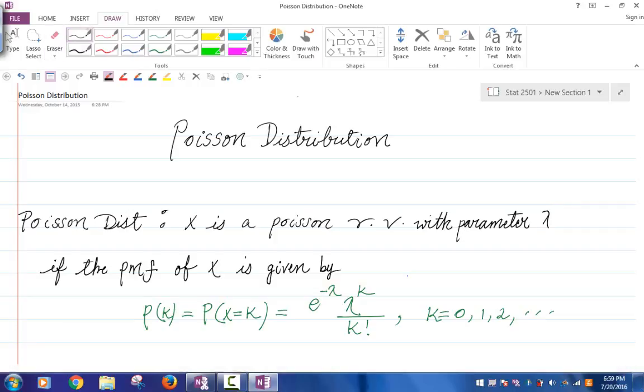Okay, so let me try to give you some examples where Poisson distribution can be used. In situations where we look at occurrences of rare events, we can apply Poisson distribution.